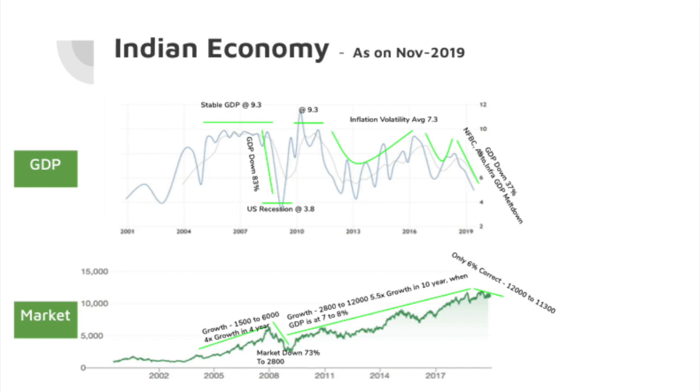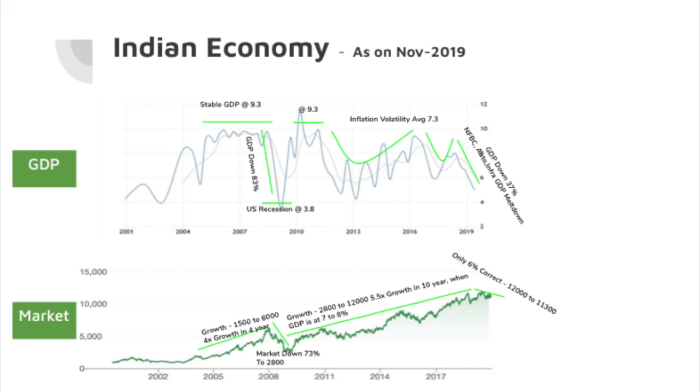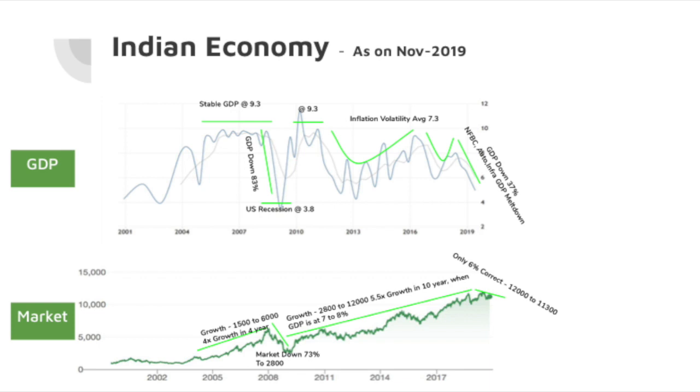So when you see our market, it grew from 2004 or 2005 till 2008 by 4x, that is from 1500 to 6000, right? And during that point in time our GDP was very stable. It was at close to 9 to 9.5 percent. I would say that's the boom period for our economy, right?